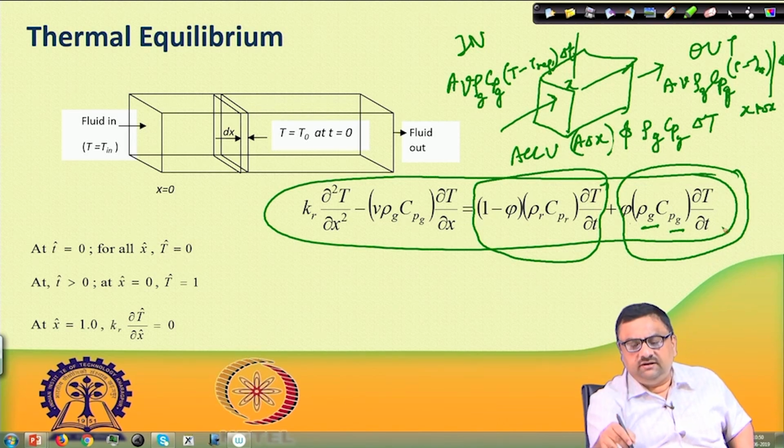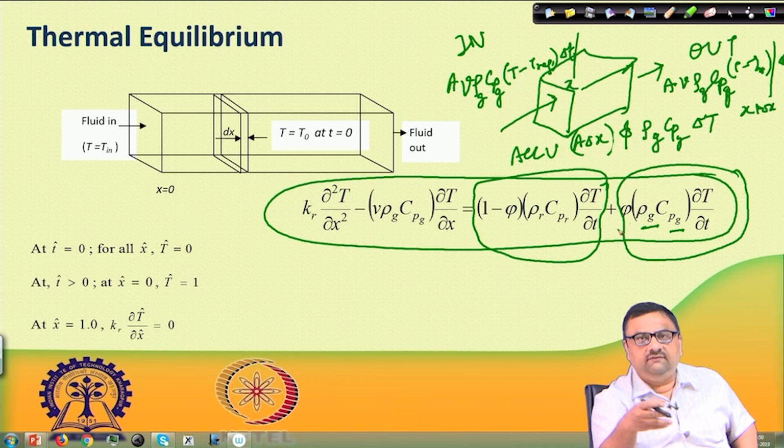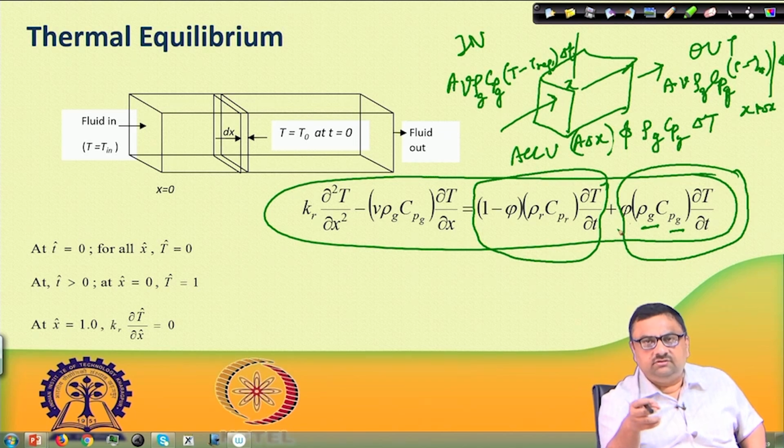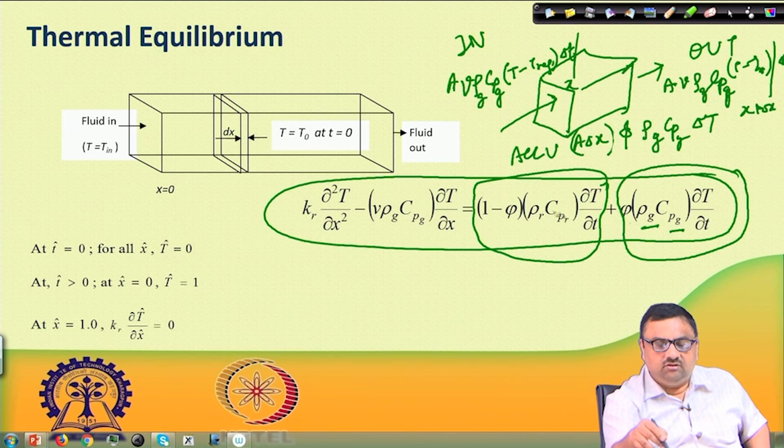Now, generally if we talk about a gas phase and look at rho G Cpg and compare it with rho R Cpr, obviously this would be very small. You can think of density of a gas and density of a solid, they are way different, right. And similarly the specific heat is likely to be more for the rock. So this product is very small.